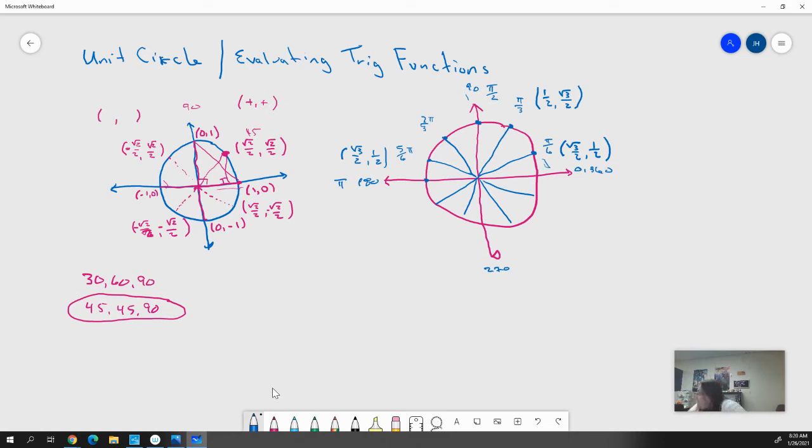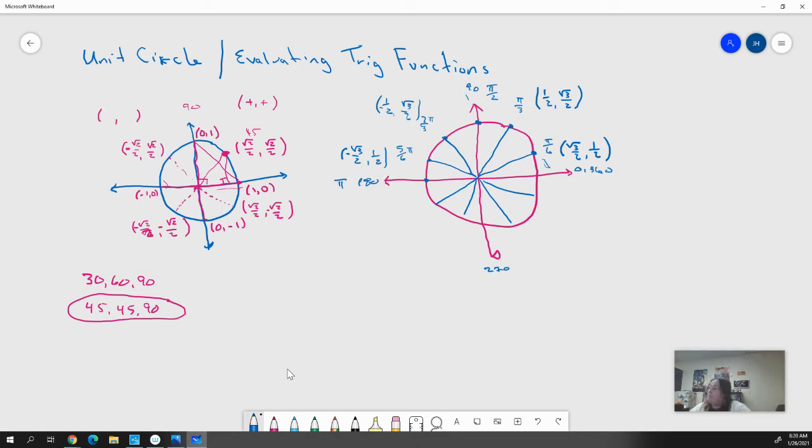What's going to change on it is what? Exactly, our x value is going to be negative, right? This is going to be 1/2 over radical 3 over 2, but our 1/2 is going to be negative.